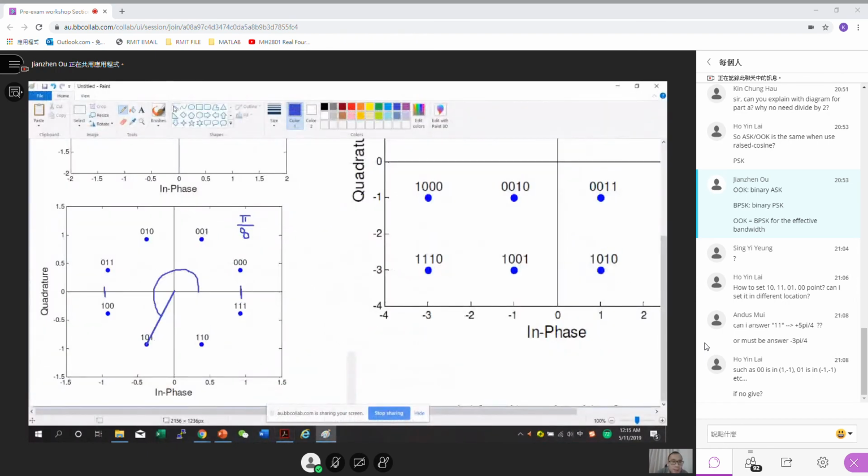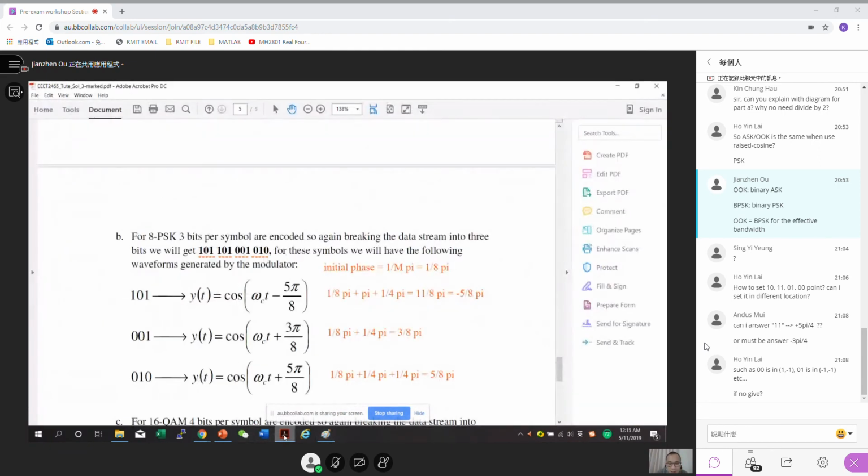Okay, so for 001, 001 is here. Let me use another color. So you just need to calculate the angle because the magnitude is 1 without any problem. So how to calculate these angles? This is my calculation.